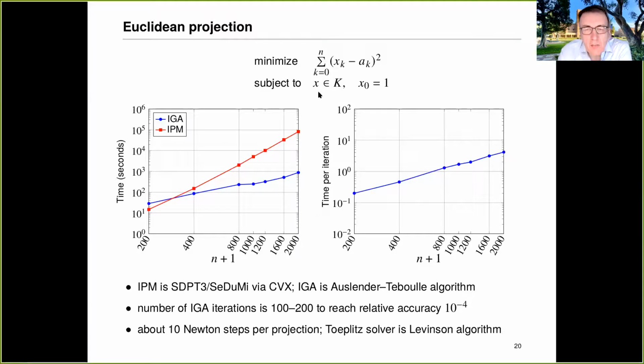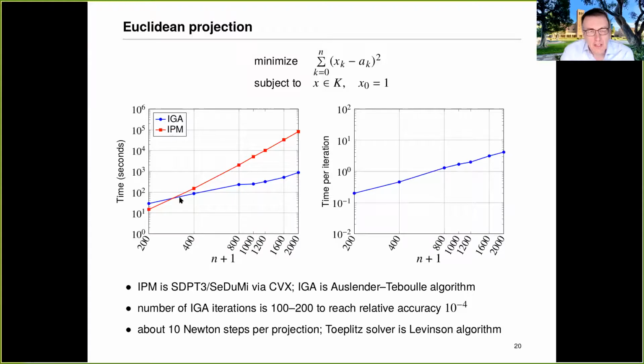Then we look at a simple problem where we actually do the Euclidean projection on this normalized set of positive semi-definite polynomials. We compare with the complexity of an interior point method called via CVX. As expected, the dimension ranges up to several thousand, and the interior point method has a complexity of n to the fourth.